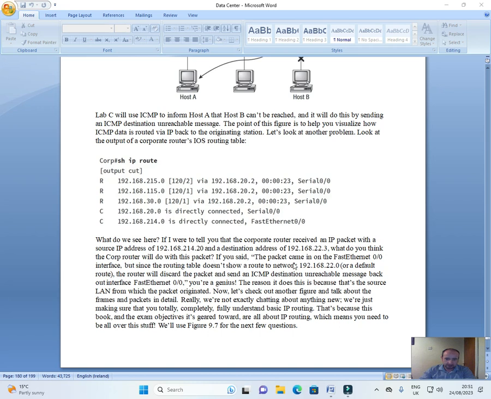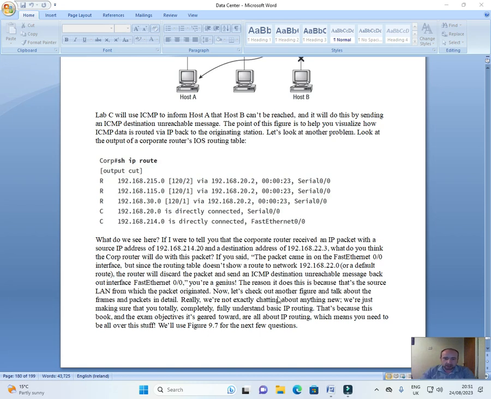If you said the packet came in on the FastEthernet 0/0 interface, but since the routing table doesn't show the route of network 192.168.22.0 or a default route, the router will discard the packet and send an ICMP destination unreachable message back out interface FastEthernet 0/0, you're a genius. The reason it does this is because that's the source LAN from which the packet originated.